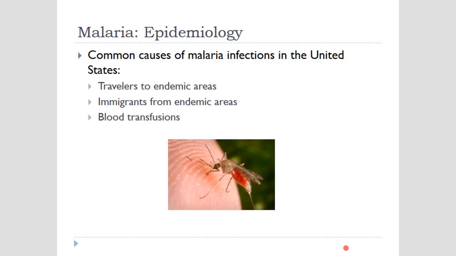You need to visit a travelers clinic to be sure that you are covered, because travelers and immigrants are bringing it. The other problem is blood: if you're a blood donor, they test the blood before they transfuse it for all these nasty microorganisms, because that again poses a problem.